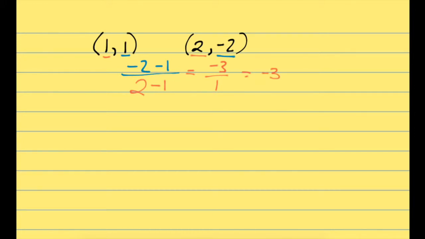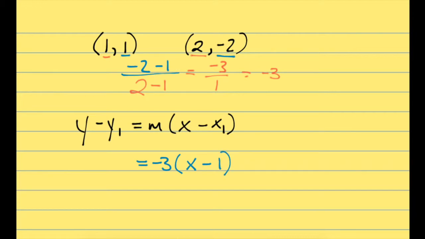So we're going to plug that into our point-slope form, which if you remember was y minus y1 equals m times x minus x1. So we plug in the slope for m, one of the x's for x1, and the y that goes with that x for y1. These both come from the same point.